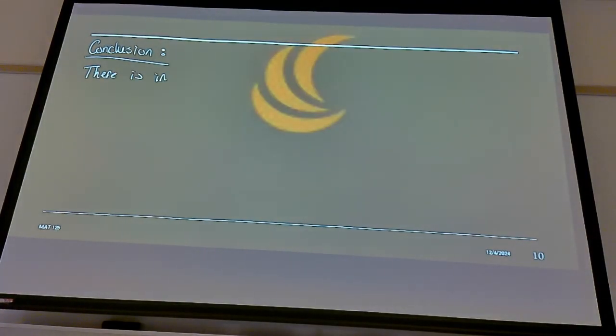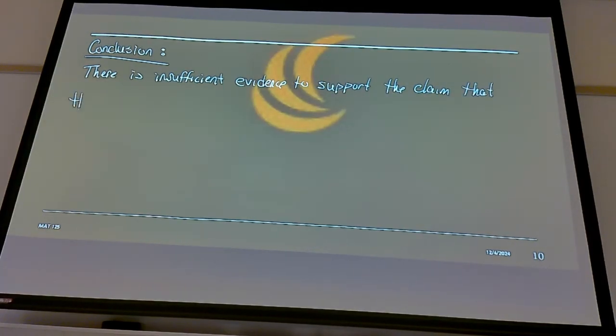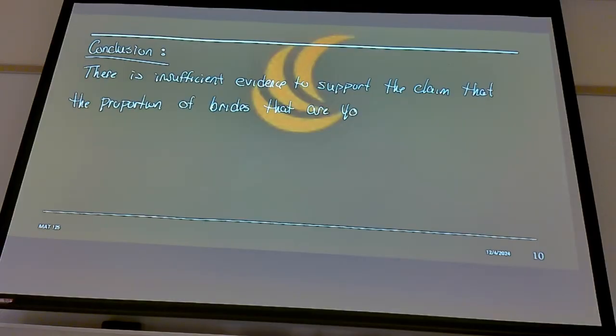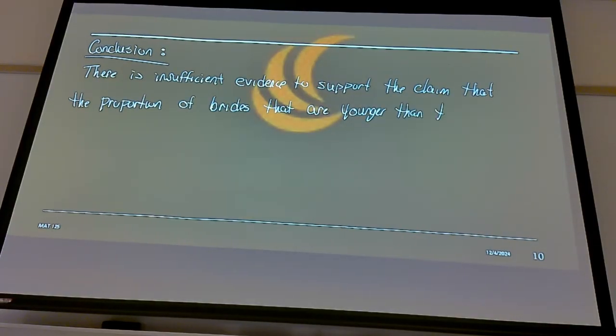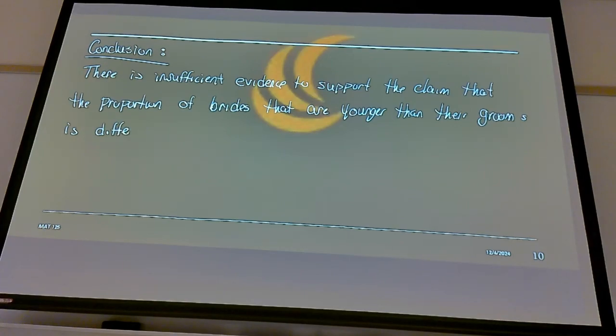There is sufficient evidence, because we reject, to support the claim that the proportion of brides younger than the grooms is different from 50%.